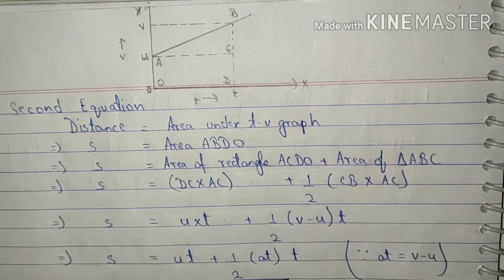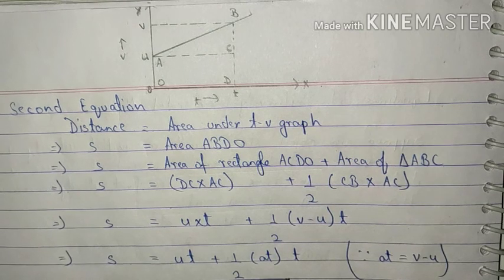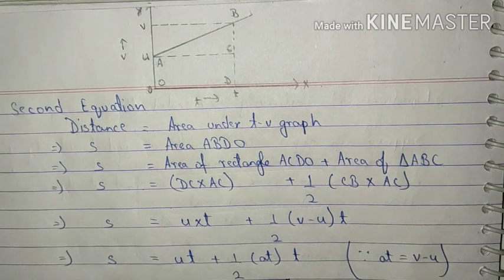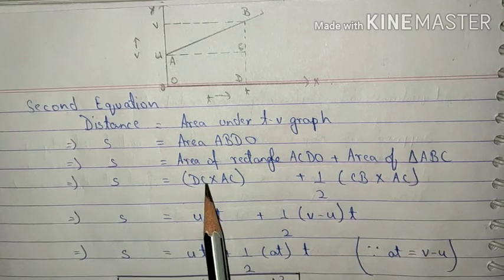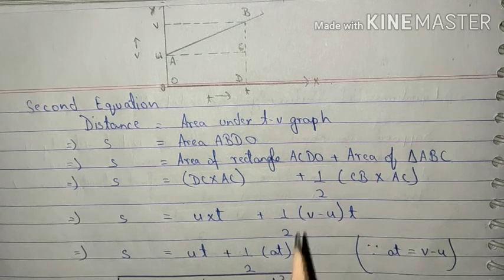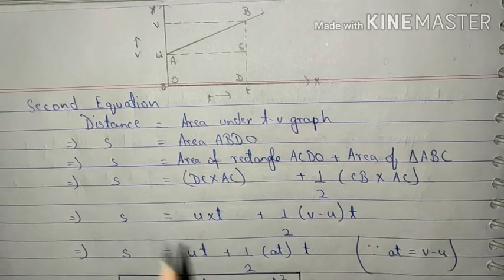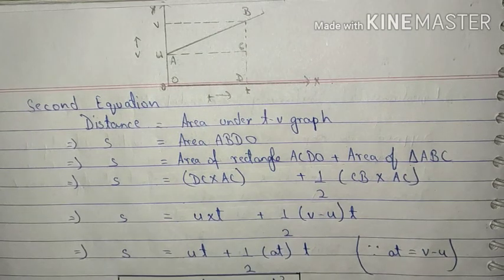So finding the area of both the portions and adding them, we can get the total distance covered by the object. You can see the same thing over here, that is s is equal to area of rectangle ACDO plus area of triangle ABC.